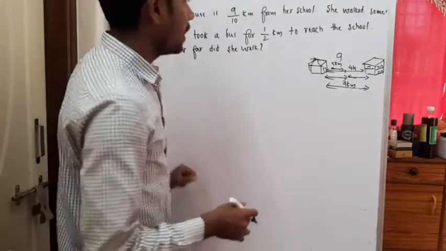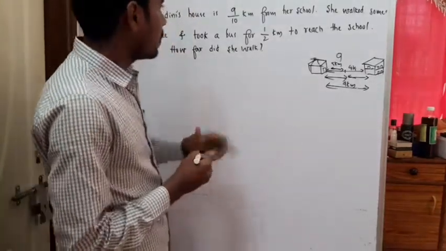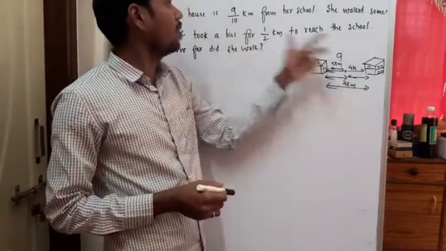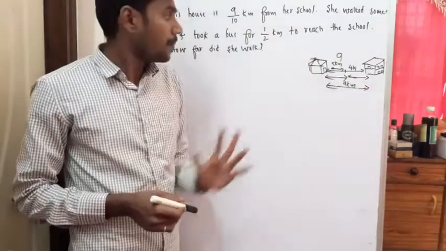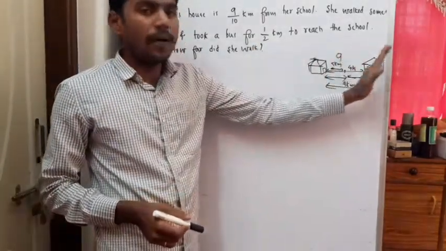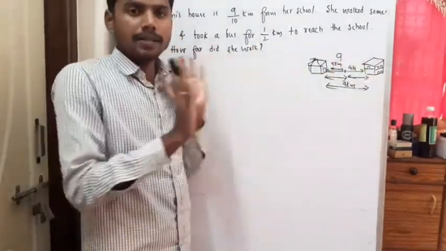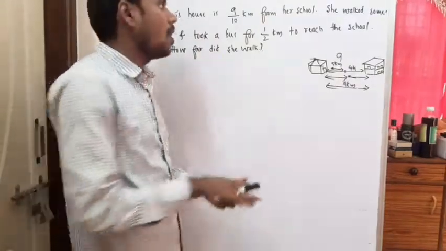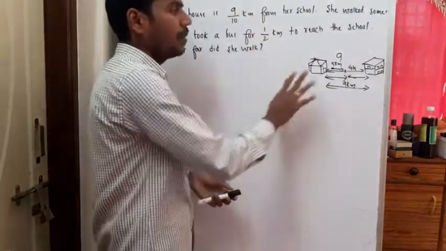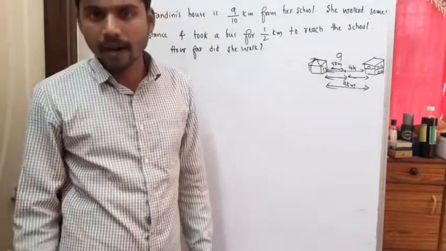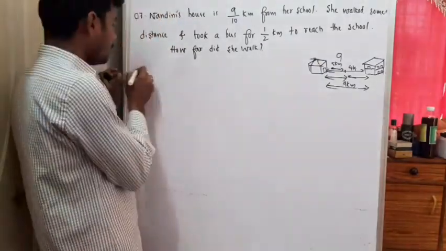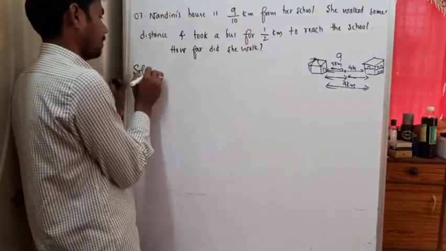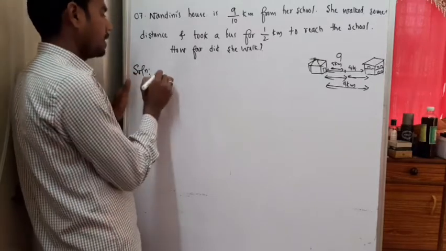So the question is very much similar to this one. The distance from the home to the school is 9 by 10 kilometer. Half kilometer she traveled by auto. The other part she traveled by walk. So 9 by 10 minus 1 by 2 will give us the distance she has traveled.